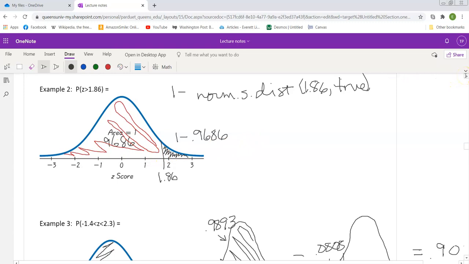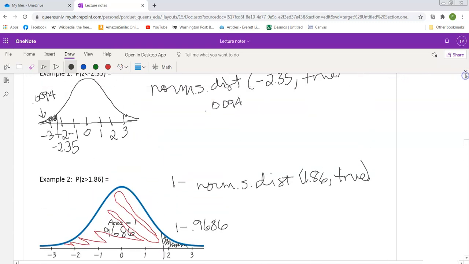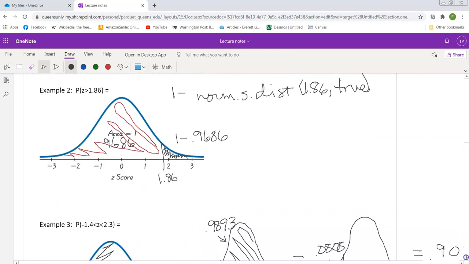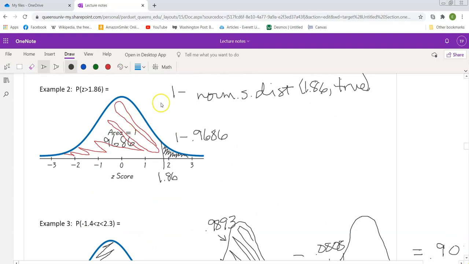There were 3 scenarios. There was a less than scenario, where all you have to do is type in the norm S dist of the value you're given, of the edge of this boundary. There was the greater than scenario, where you need to do 1 minus norm S dist of that boundary.